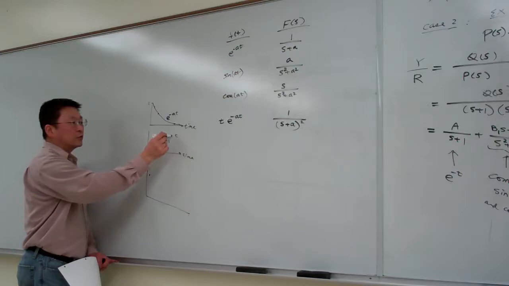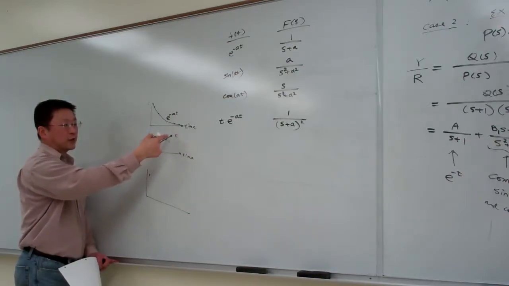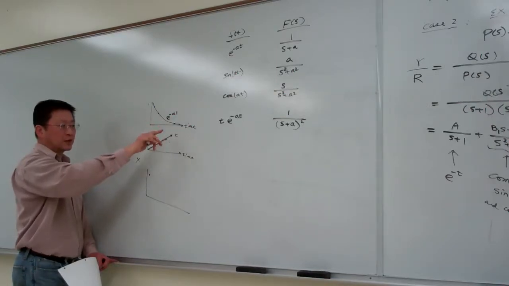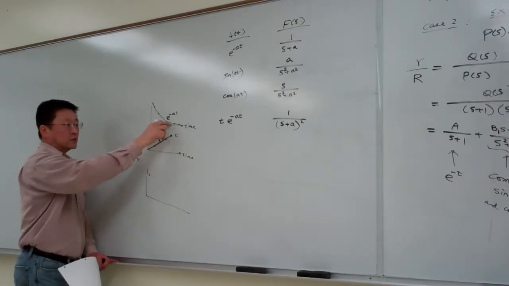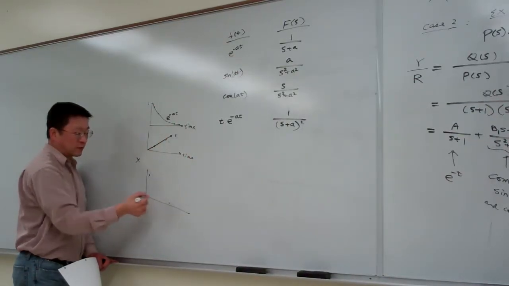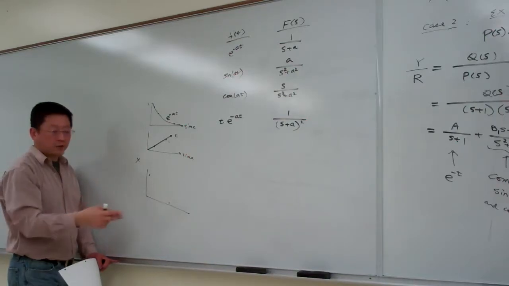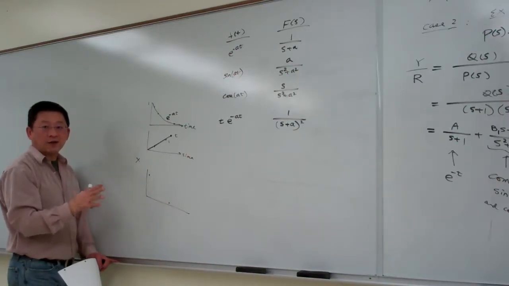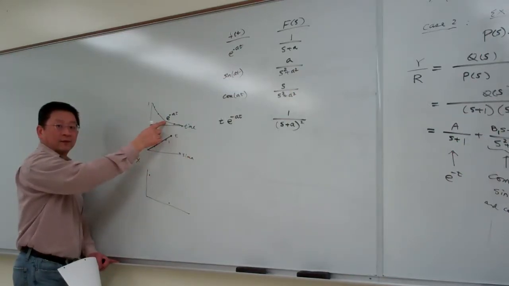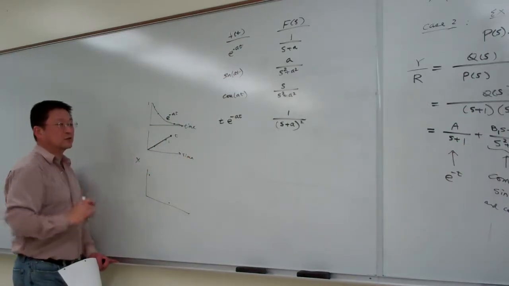Although one approaches infinity, the trend of increasing is slower than the trend of decreasing to 0. So we multiply the two numbers and come up with a number approaching 0. That speed of approaching 0 is slower than this one, but it's still approaching. So this system is still stable.